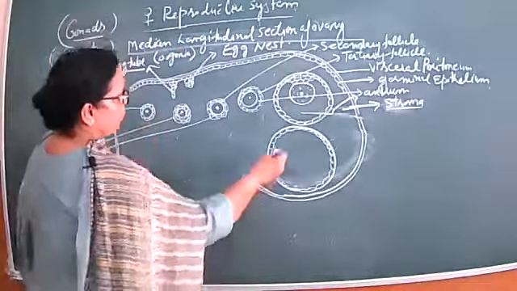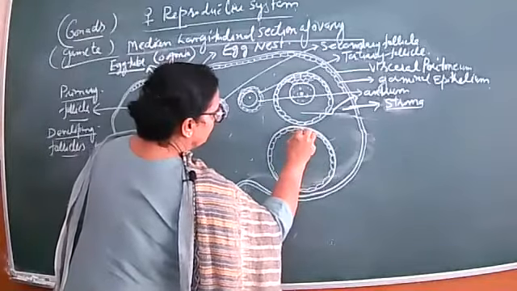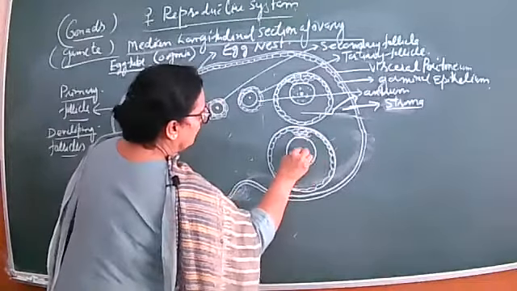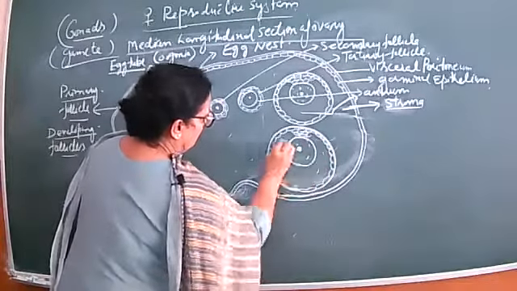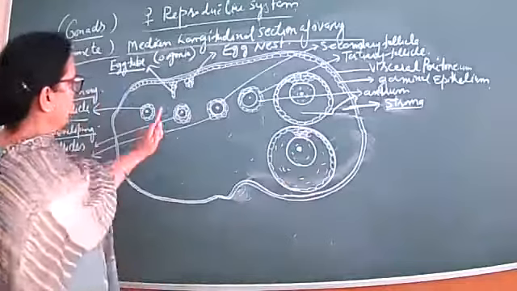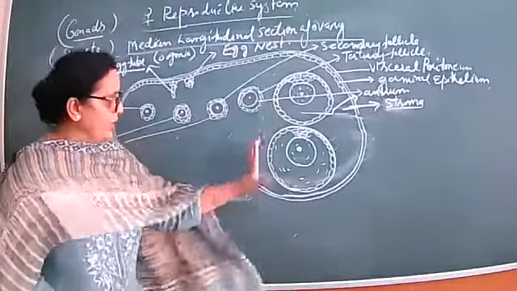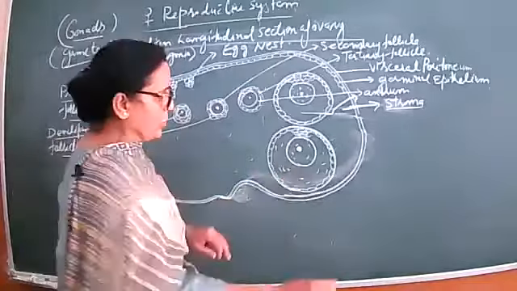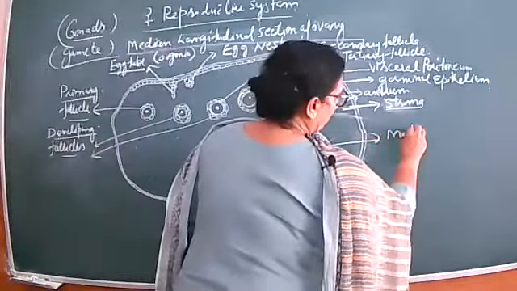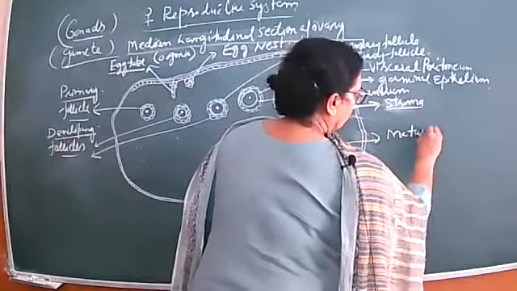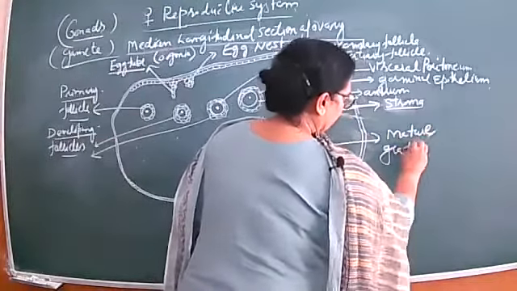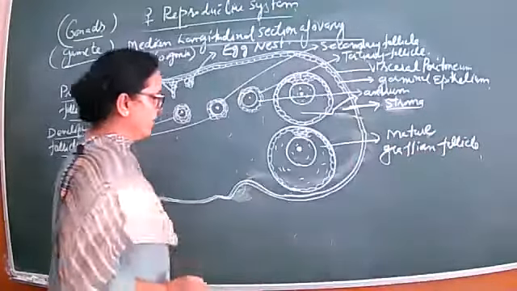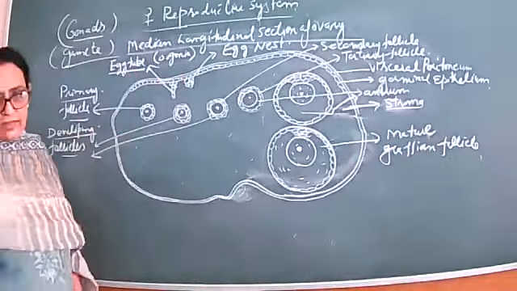So here, meiosis also starts in these, right? And here, the first meiotic division completes in the mature Graafian follicle, right?